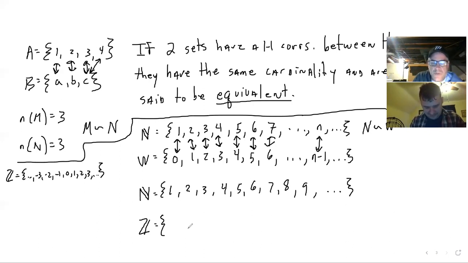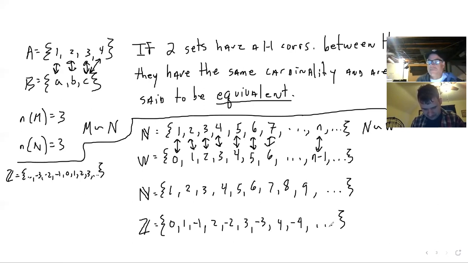Typically, we always write them this way, but we could do it this way. I'm going to put a 0. I'm going to put 1, then -1, then 2, -2, 3, -3. So I've definitely established a pattern. And that would give me, by that pattern, all the integers. And I'm going to put the little arrows in.